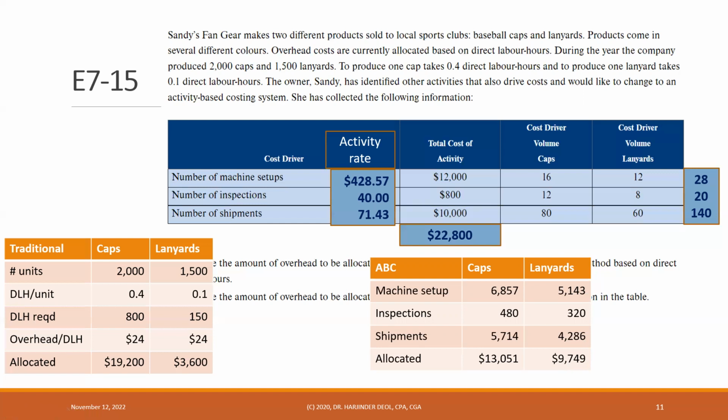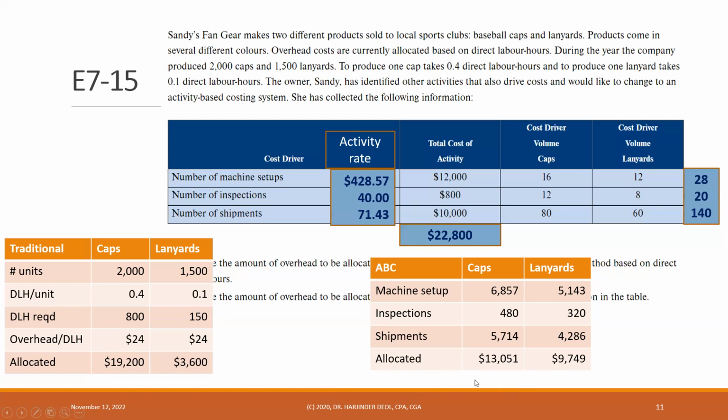$9,749. Now, if we compare these amounts to the traditional costing amount, certainly it seems that for the caps, traditional costing is assigning a greater amount of overhead to the caps and not enough for the lanyards. Now, if this results in miscosting, and that is a possibility, then we are overcosting our caps and undercosting the lanyards under the current traditional approach.